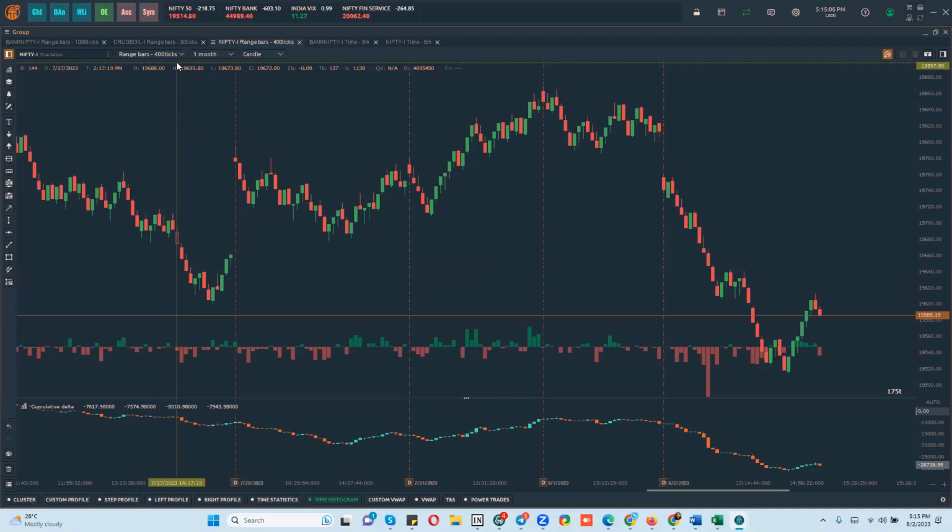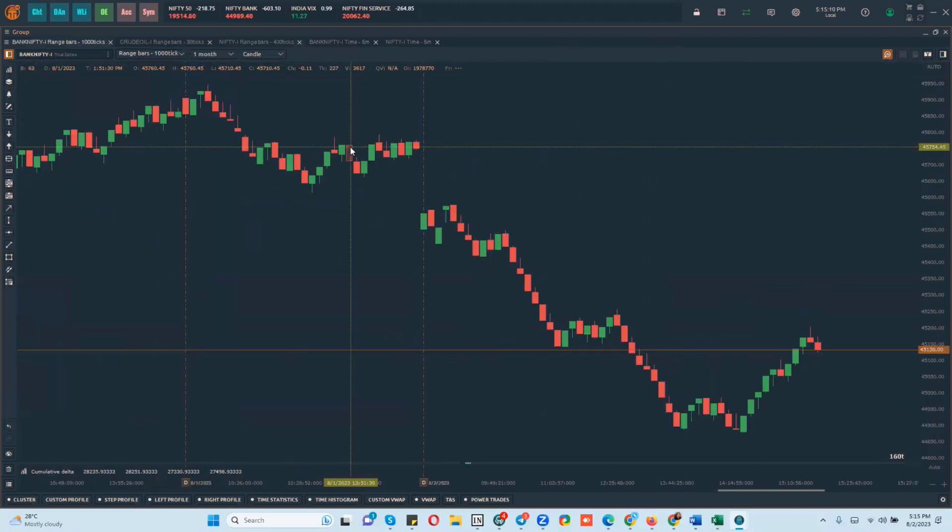But why a range bar chart is important for you to look at is because it doesn't look at time. When the markets are very calm, not doing anything, there is always going to be a lot of noise with regular candlesticks. I'm not saying that candlesticks are bad. I'm not going to tell you to unlearn what you learned so far.